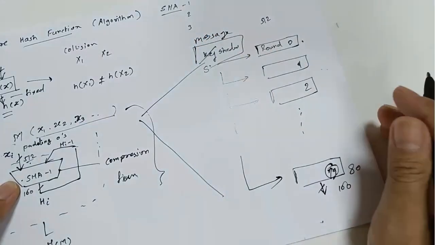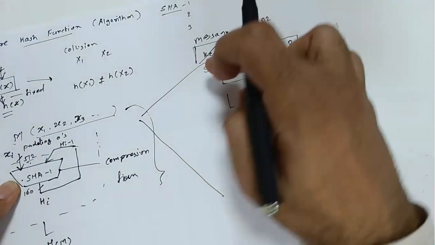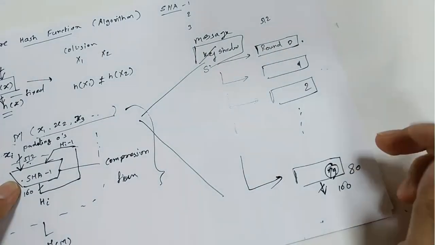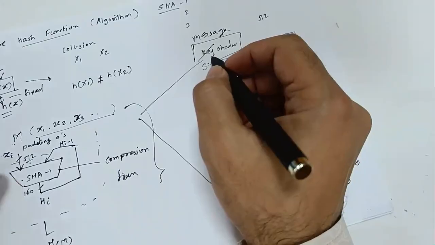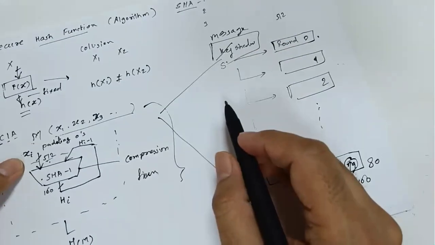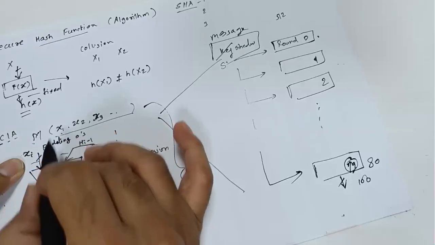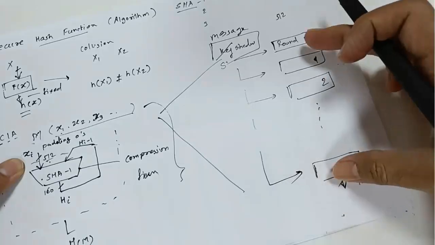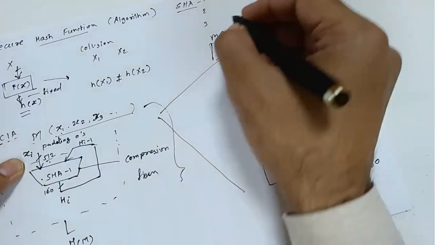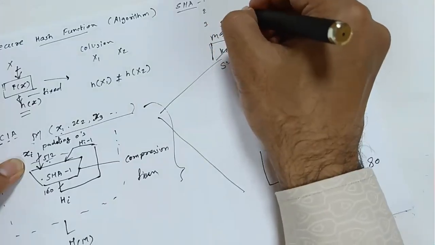You don't provide a key, you provide a message for each round. What is the message size at each round? At a time, only one block goes into the 80 rounds, so the message size is 512 bits.